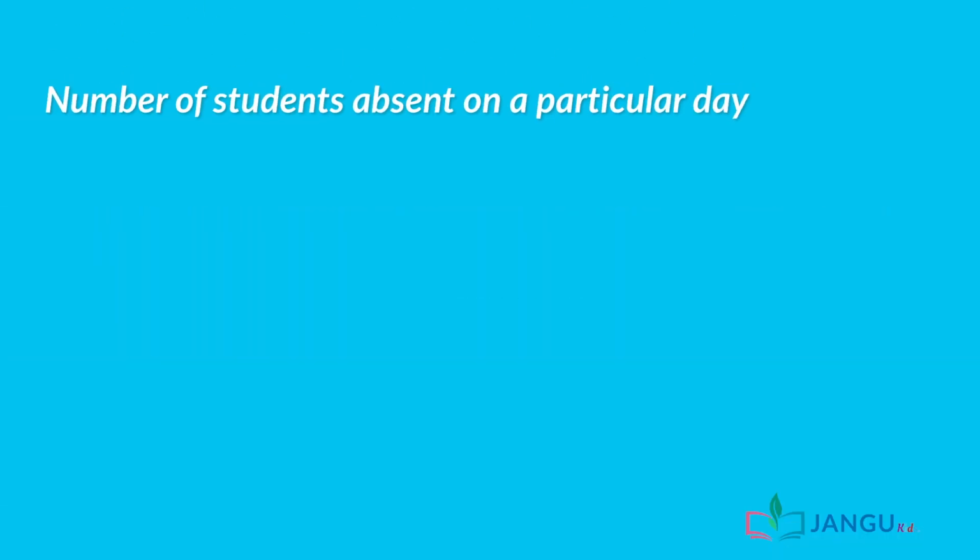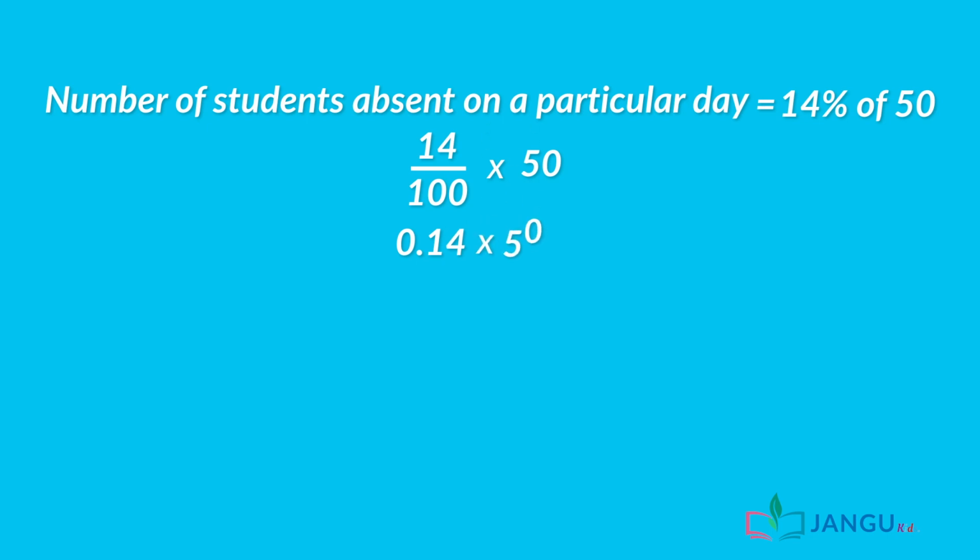Number of students absent on a particular day is equal to 14% of 50. That is 14 over 100. Next, we multiply by the total number of students, which is 50. 14 over 100 times 50 is equal to 0.14 times 50, which is equal to 7.